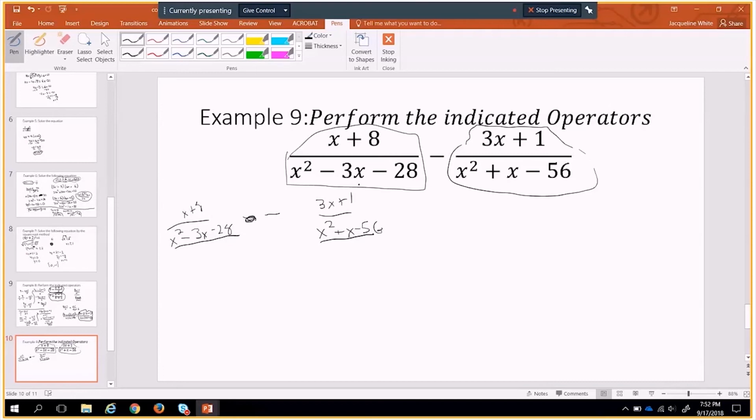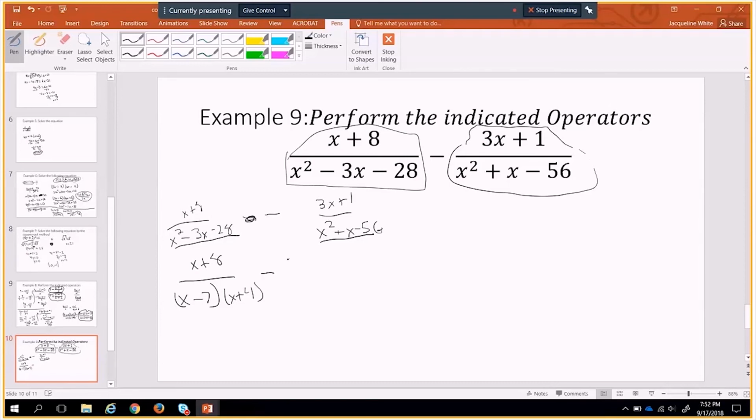To give you that minus 3, you want that 7 to be negative and that 4 to be positive. So it's going to be x plus 8 over x minus 7 times x plus 4.